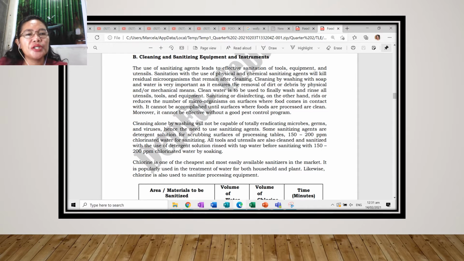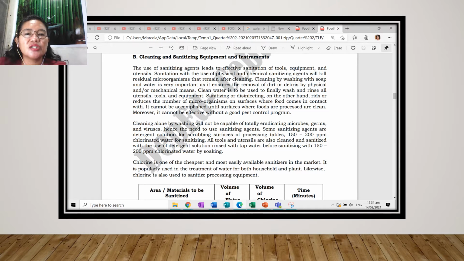Moreover, it cannot be effective without a good pest control program. Cleaning alone by washing will not be capable of totally eradicating microbes, germs, and viruses. Hence, the need to use sanitizing agents.